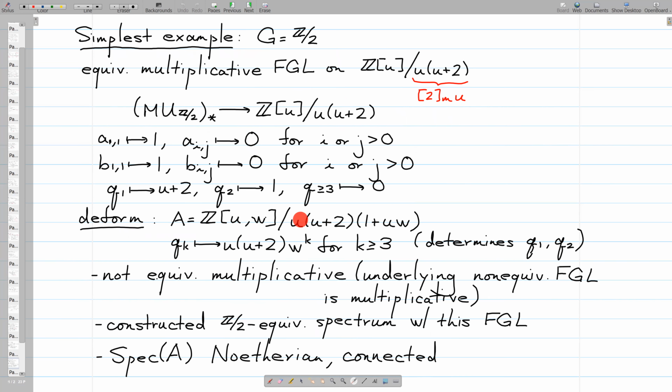For example, if you have a ring like this, where G is just Z/2, I can define a map from MU_{Z/2} into this ring, which gives you a Z/2-equivariant formal group law. It's a deformation of the equivariant multiplicative formal group law, but it's not equivariantly multiplicative. We also constructed a Z/2-equivariant spectrum with this formal group law. We have other cases, but this is the simplest. Okay, that's all I'll say for today.